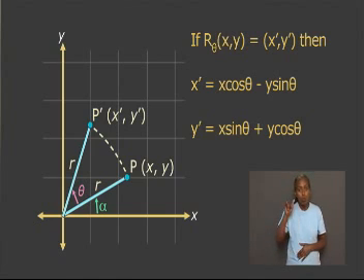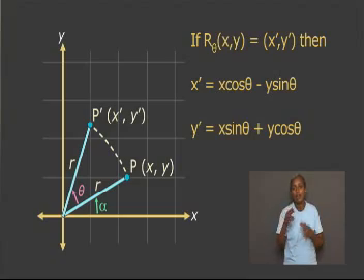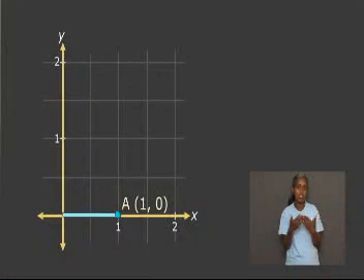Y prime can be calculated by adding x times the sine of the angle and y times the cosine of the angle. It sounds complicated, but students, it is actually very simple.